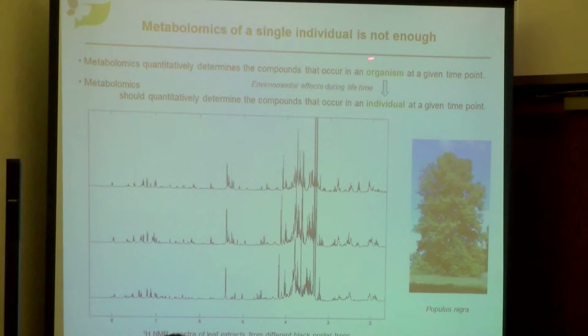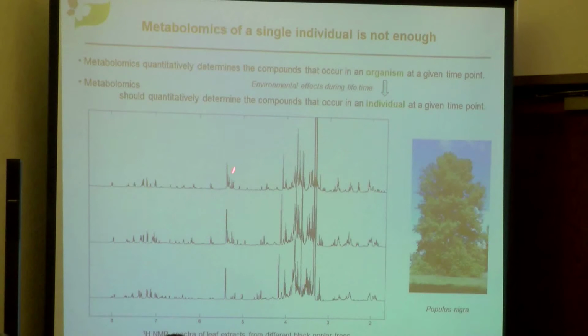But we also need to study metabolomics not only in one individual of a species, but in many of them. For example, in long-living organisms like trees, such organisms have a certain fate. They are affected by environmental effects, which change the metabolic profile.